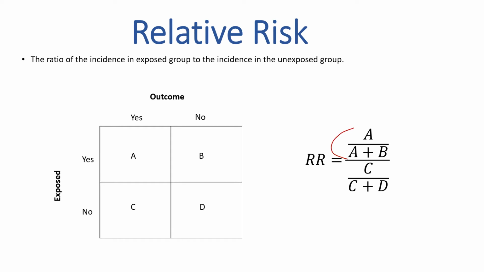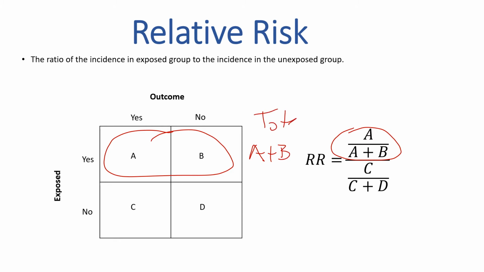So that's this part right here. These are all exposed. A plus B is our total of exposed. So incidence of disease among the exposed is A divided by A plus B.